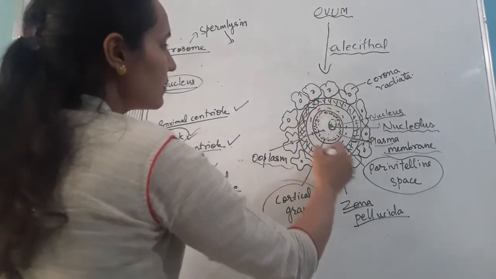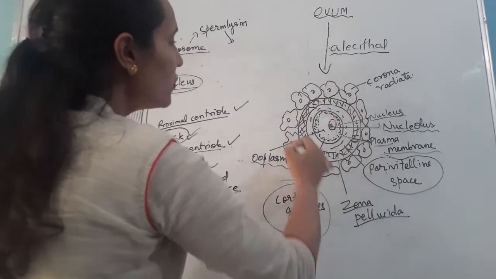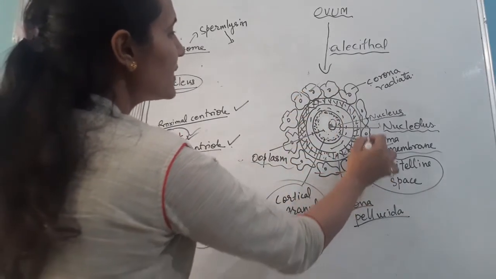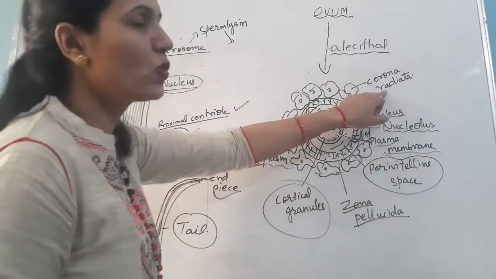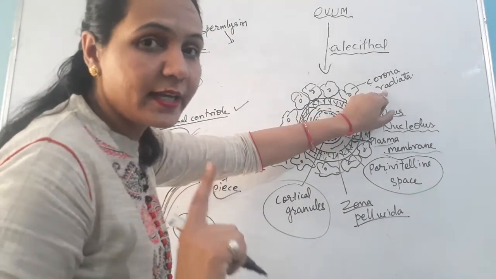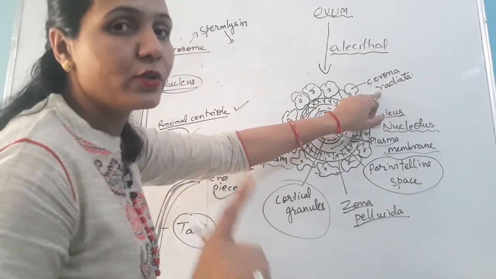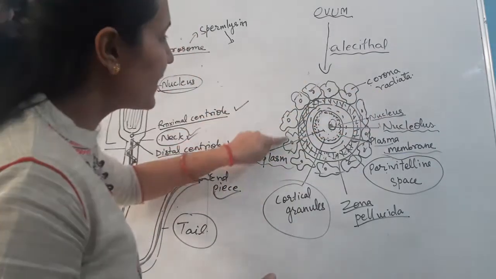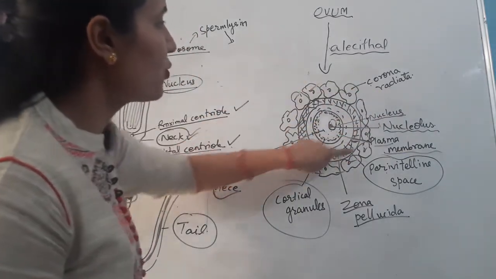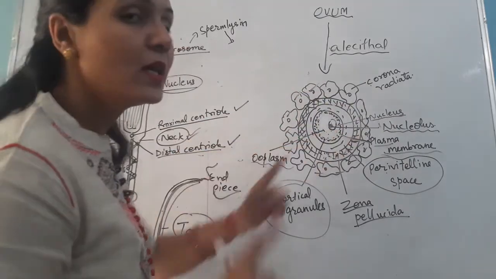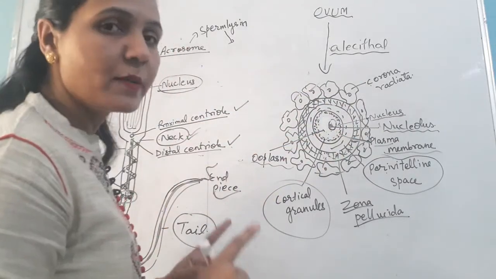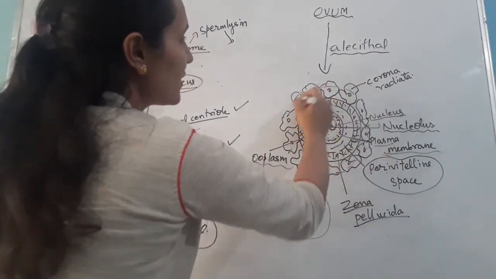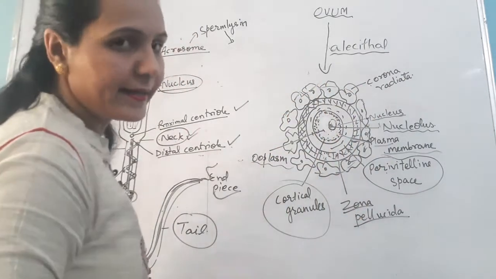Around this zona pellucida, there is also a cellular layer present. This cellular layer is known as the corona radiata, which is cellular in nature and formed by the follicular cells, basically granulosa follicular cells, which surround the zona pellucida and form the corona radiata.